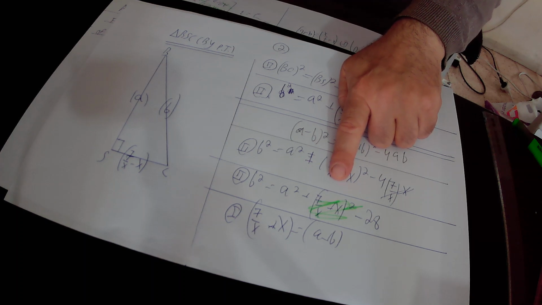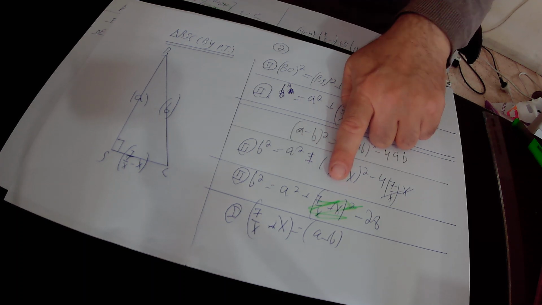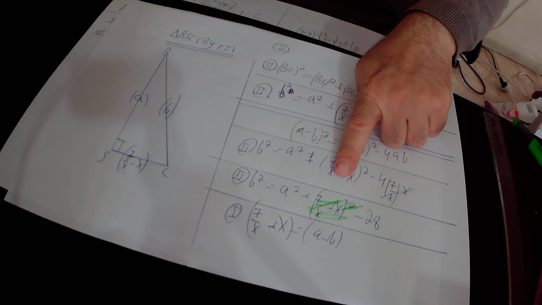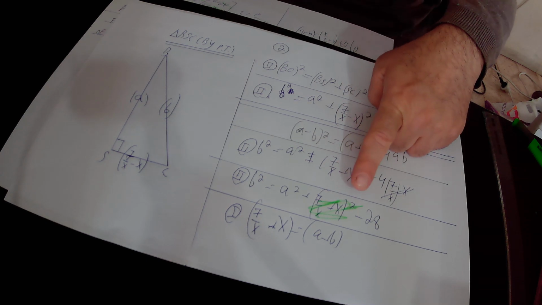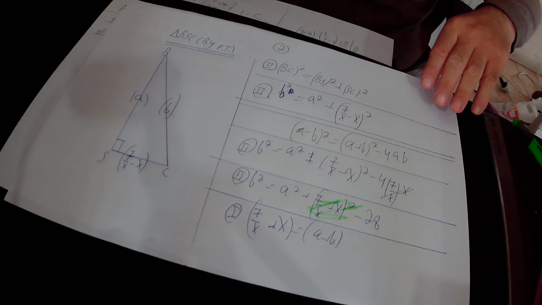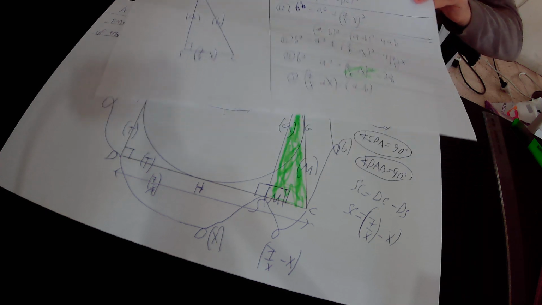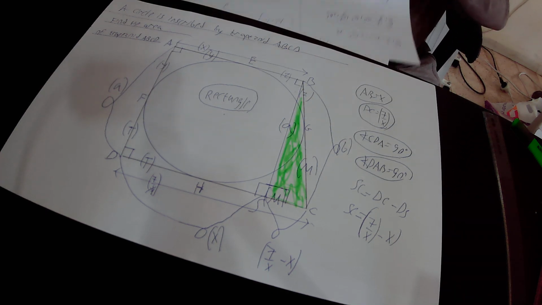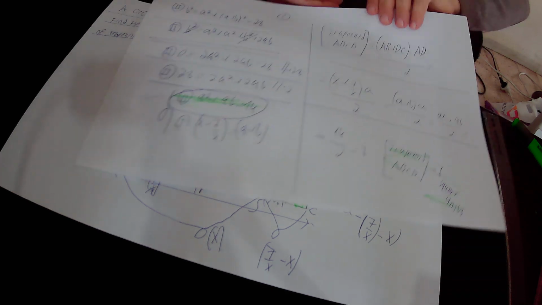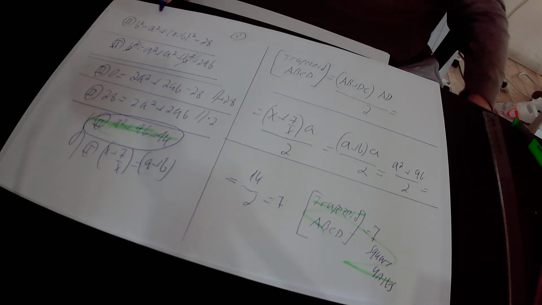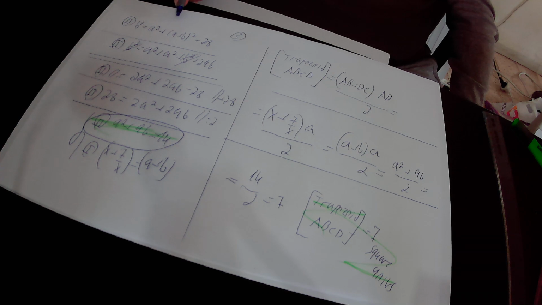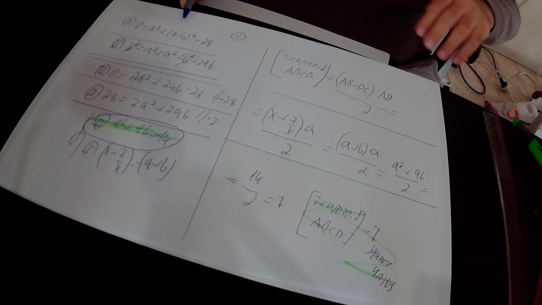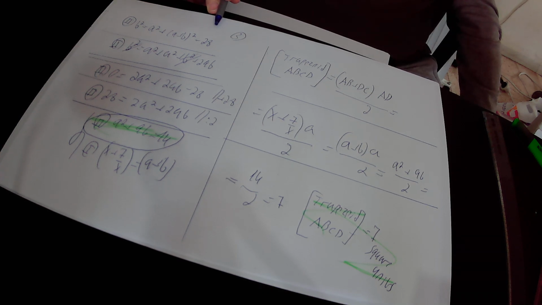If 7 over x plus x equals a plus b, it means that (7 over x plus x) squared must equal (a plus b) squared. So in total, according to equation 2, b squared equals a squared plus (a plus b) squared minus 28.